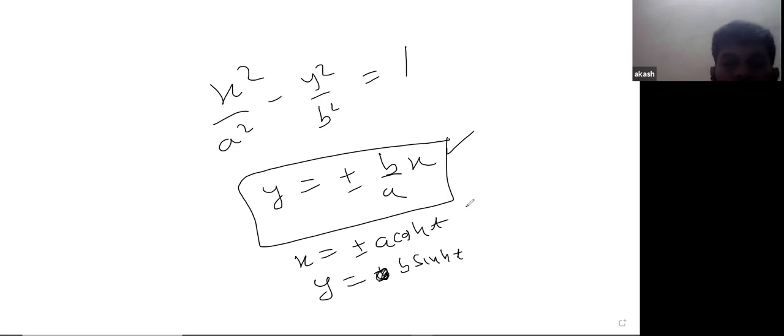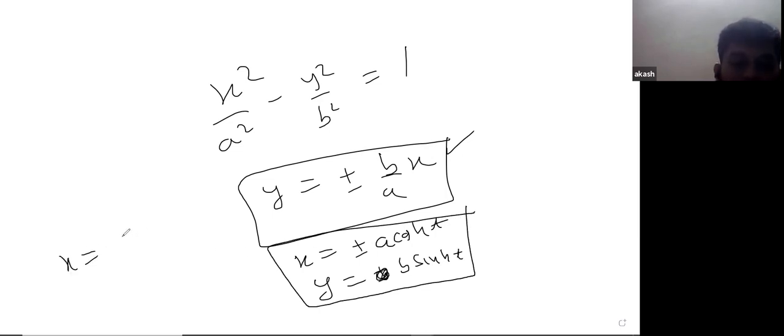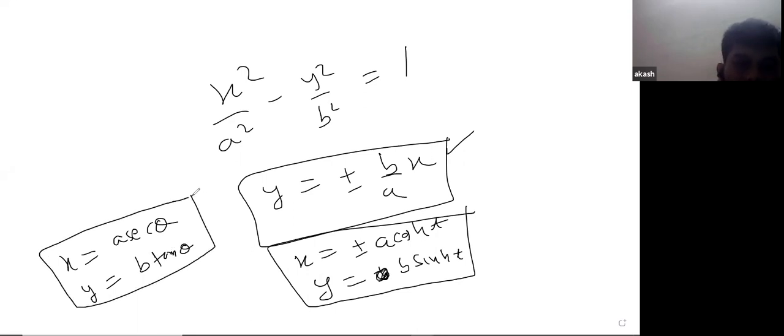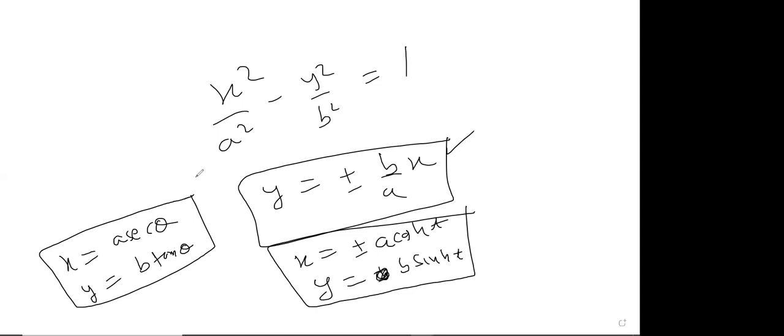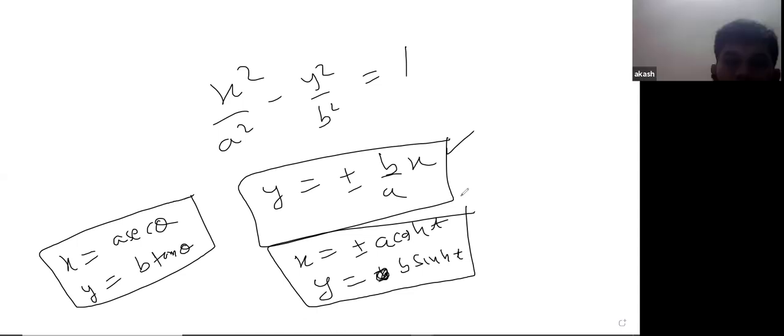If you don't want to use hyperbolic functions, then you can use the parametric equation x equals a sec t, y equals b tan t. If you want hyperbolic functions, this is the answer. If you don't want that, use this.